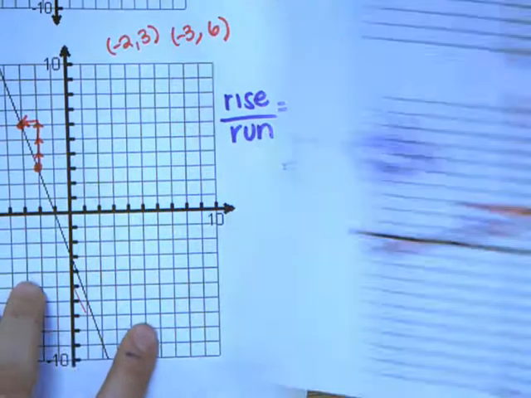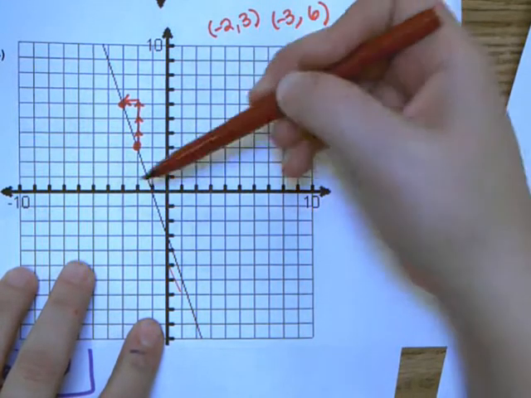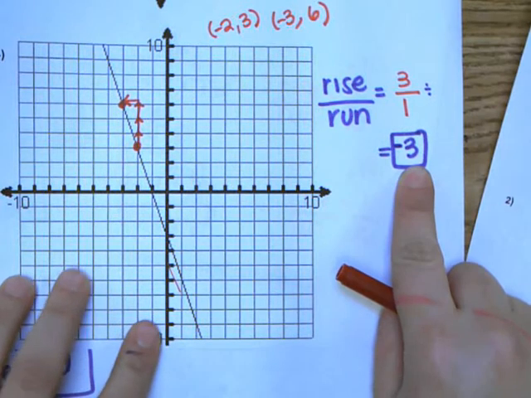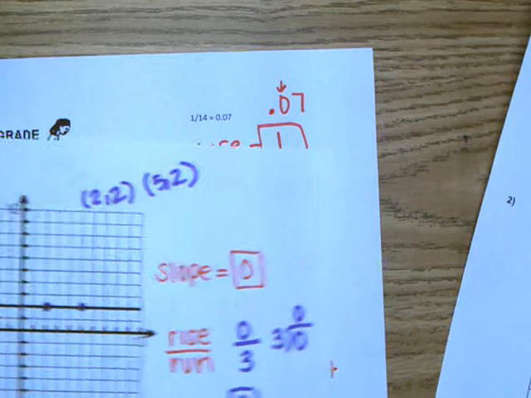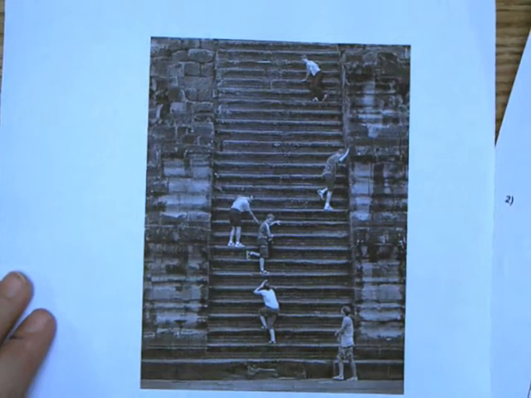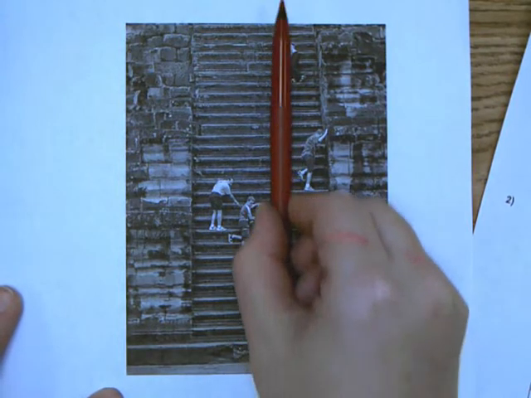This would be easier to climb if we had a wheelchair or we were climbing up it, because it's closer to 0. This would be easier to climb than that one. This is harder. It's farther from 0.